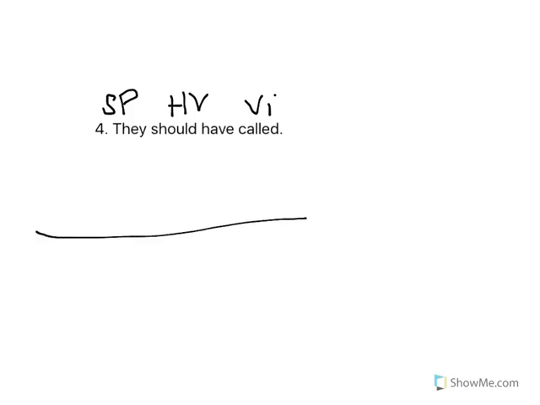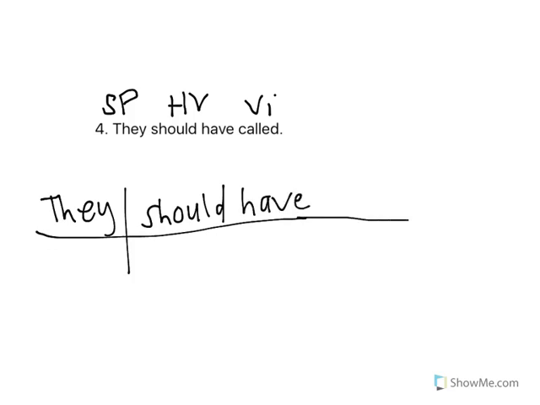So we're going to diagram it in the same way. They should have called. One note about diagramming is whatever letter is capitalized in the written sentence is also going to be capitalized in the diagram.